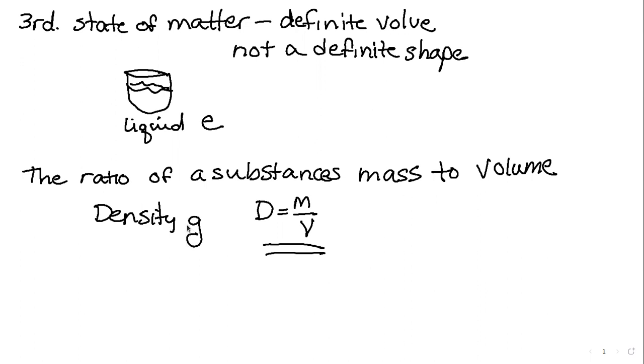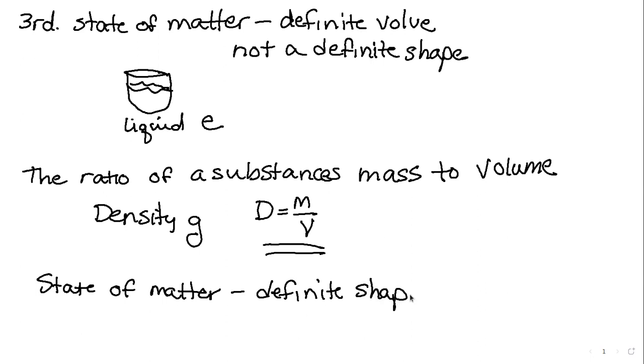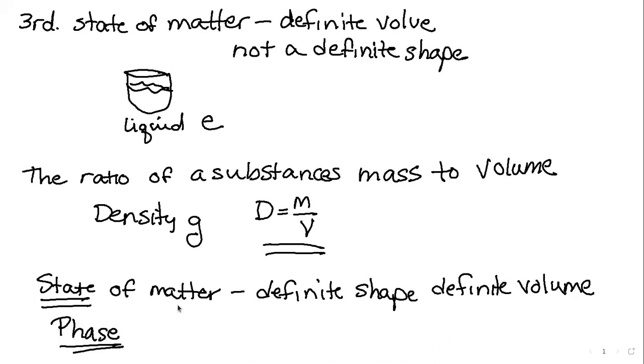The next one down is a state of matter. Definite shape. Definite volume. When you see the state of matter, or it could also be phase of matter, they're talking solid, liquid, or gas.